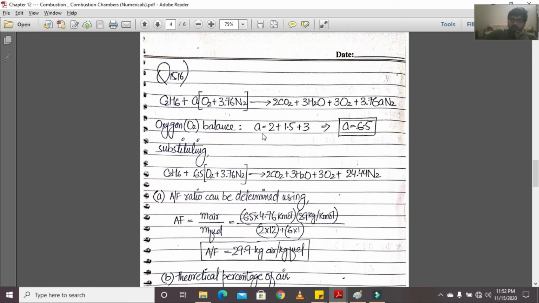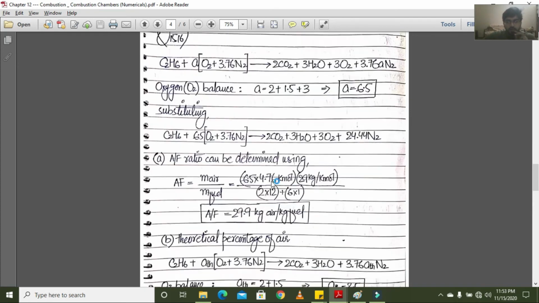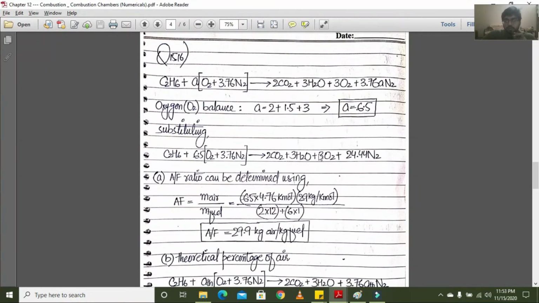Since in this question I have balanced oxygen molecules, so it is A plus 2 plus 1.5 plus 3. And when I solve it to obtain the value of A, it is coming out to be 6.5. Now if I substitute all of these values, the value of A in the above written equation, I will get the balanced, complete equation for this reaction.